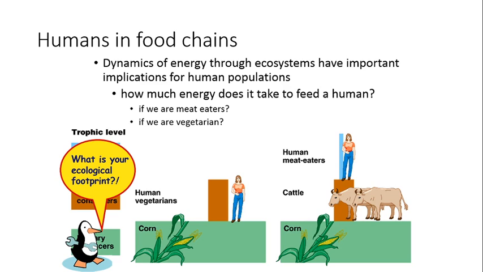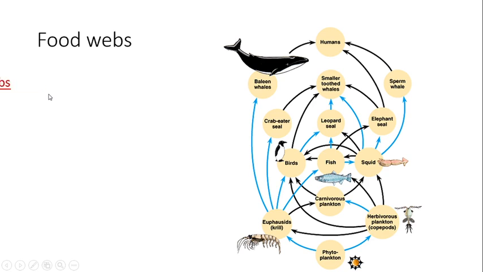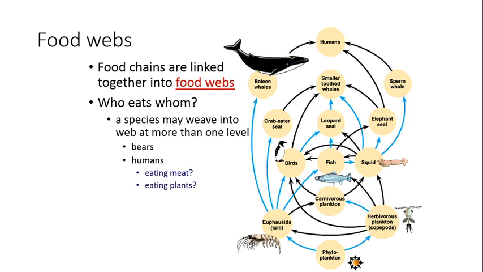Then comes the important term of the food web. A very simple term but about interconnection. So, what are food webs? In an ecosystem, there is a very large number of interlinked chains.